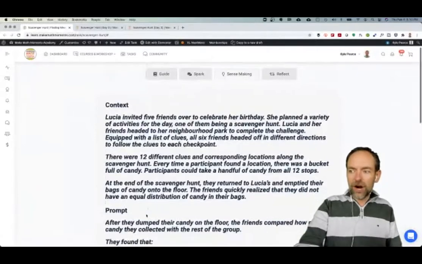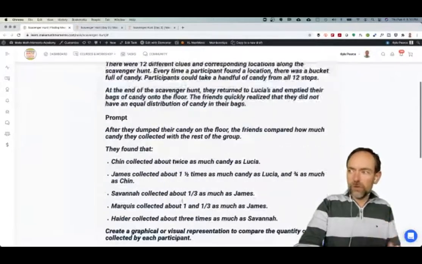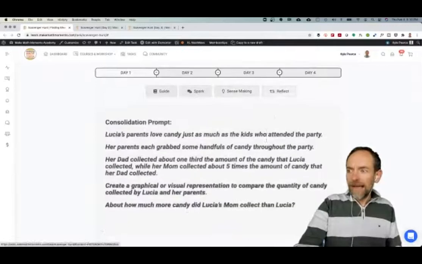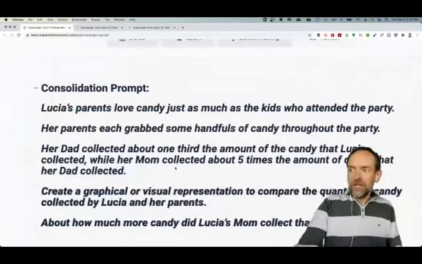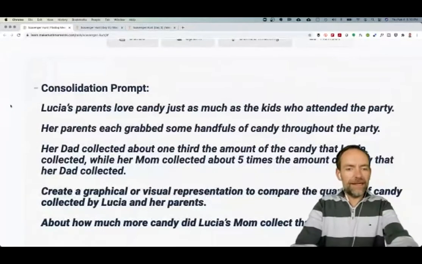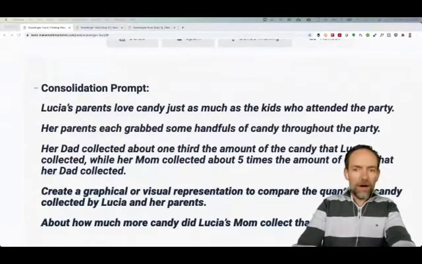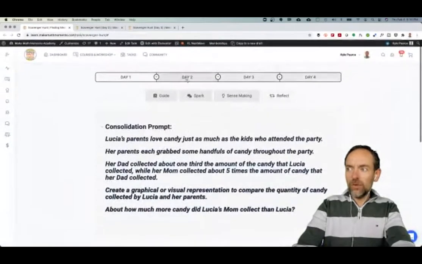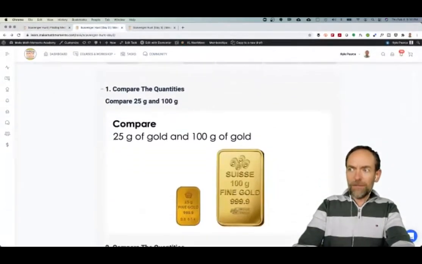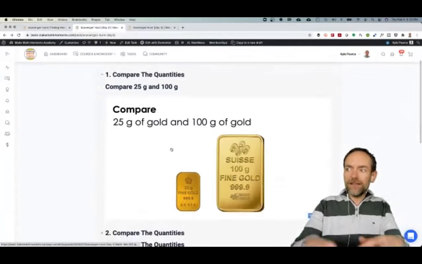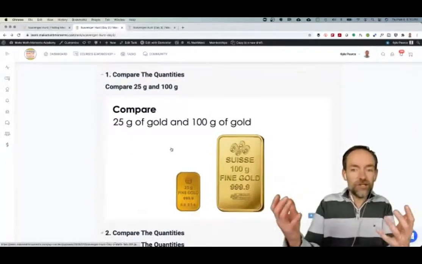And then we had our official prompt, which we shared. And after, we gave students the opportunity to extend their thinking a little bit and build on what we were working on in day number 1. Now, on day number 2, we start off with a math talk, and it's all about trying to promote this idea of relational thinking, right, John?